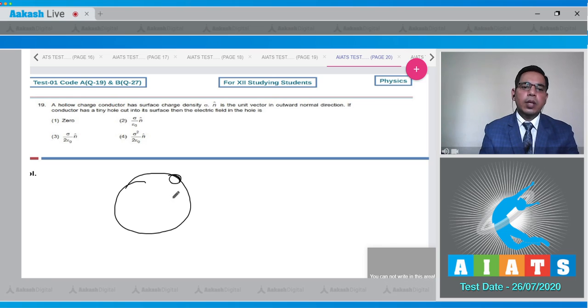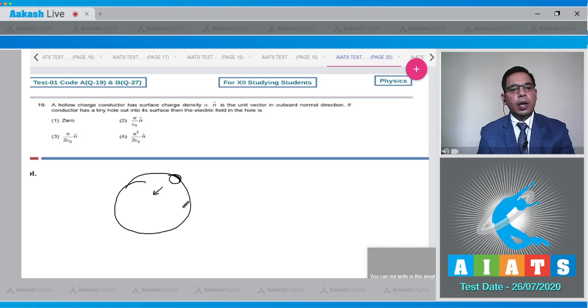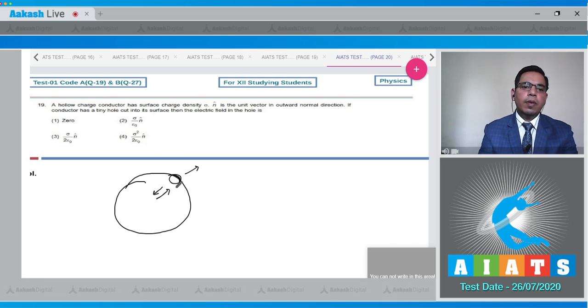Before cutting, what happened? Before that, there was an electric field due to this hole and the electric field due to the rest will be in this direction, and outside the electric field due to this hole is also in this direction and due to the rest part is in this direction. Now we know that E in will be equal to E hole minus E surface because they are in opposite directions.